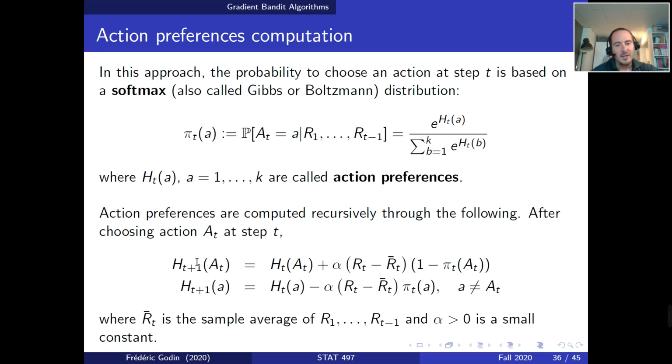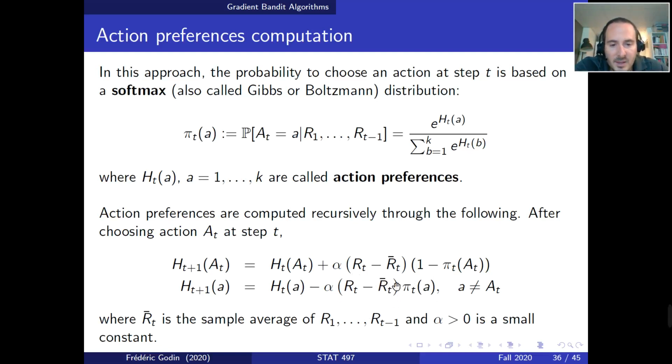Then for all other actions, so for all A different than A_t, all actions that were not selected, your next preference is your previous preference minus this term here. Assume you had a higher reward than your average reward. You want to decrease the preference of all other actions, which is precisely what will happen here. So if R_t is greater than the average, this term will be positive. Pi_t here is a probability, always between 0 and 1, so it is also positive.